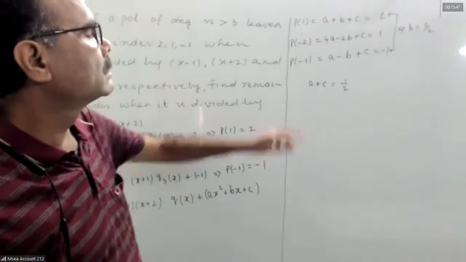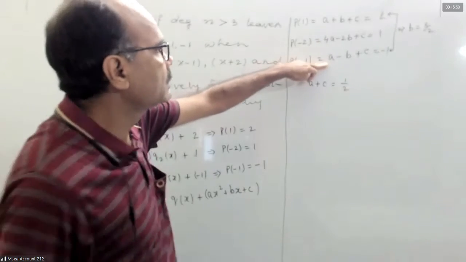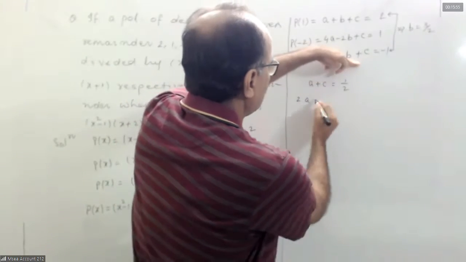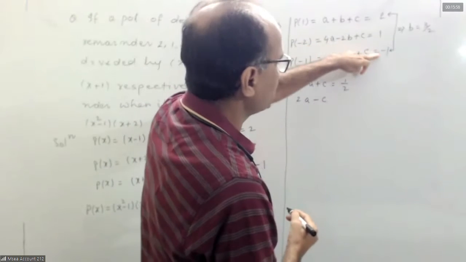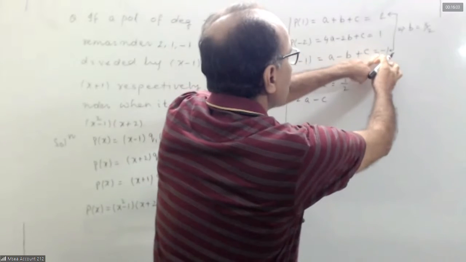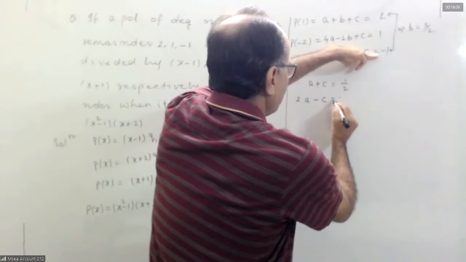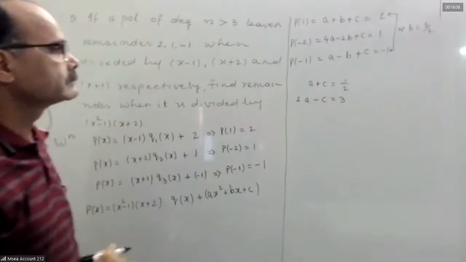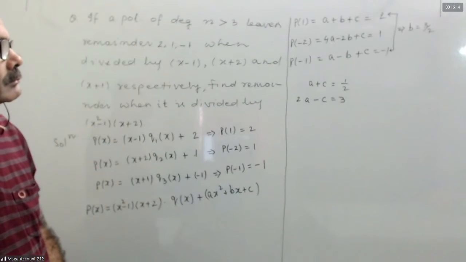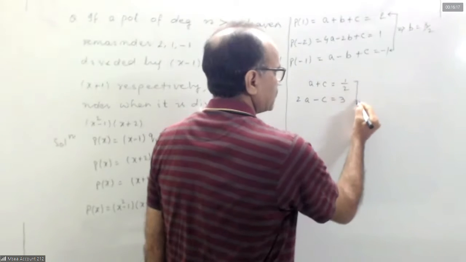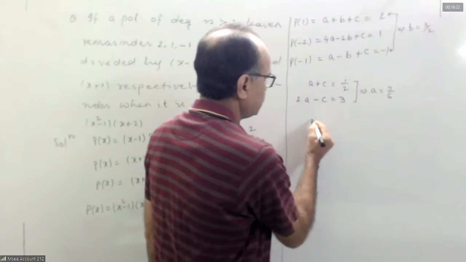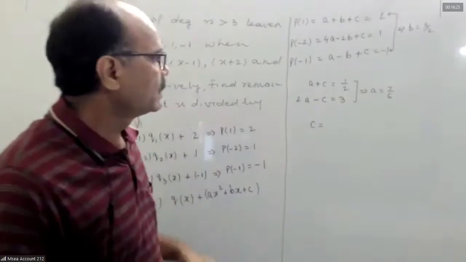And this minus 2 times of this, adding, we get 7 by 2, so A is 7 by 6. So what is the value of C?